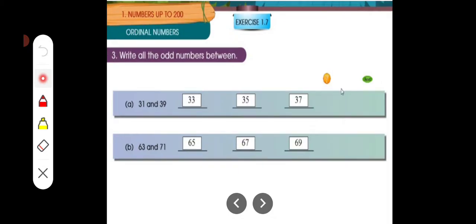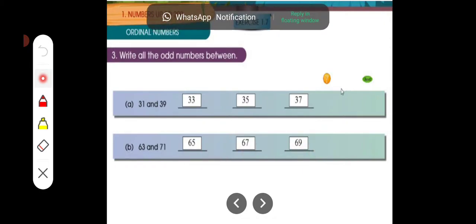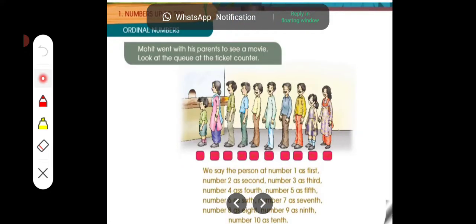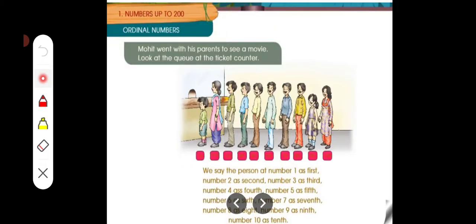Okay, children. Next, see here 33. Is it right? 33, 35 and 37. The same thing. The second one's answer is also given here. So next what is there? Ordinal numbers are given here. See how cutely they all are standing here.